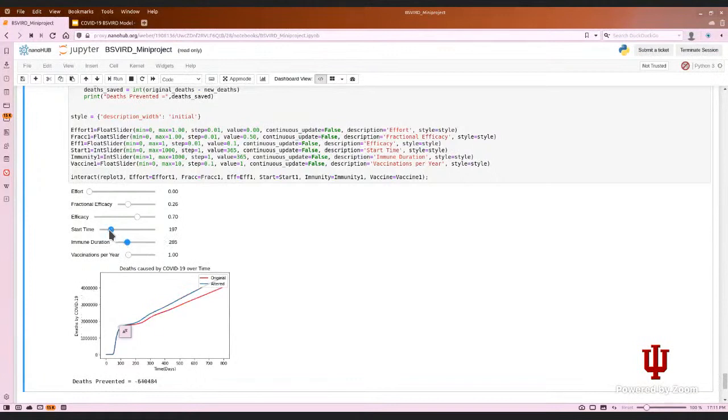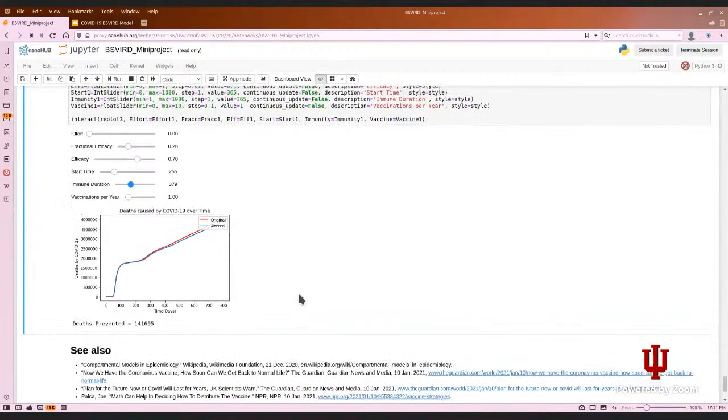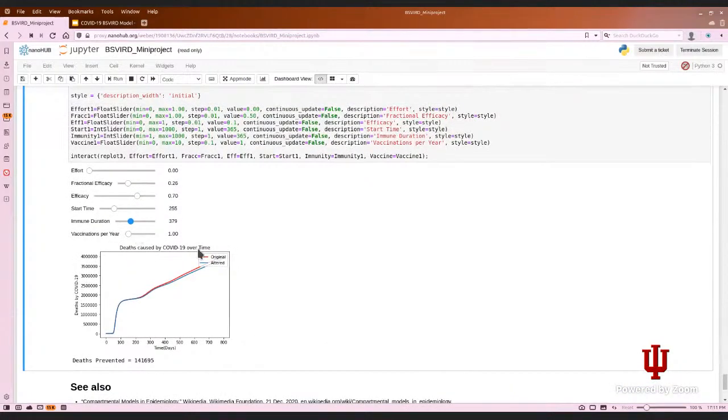Generally, the sooner you start vaccinating people, and the more that are vaccinated, obviously you get more deaths prevented. Although for some reason I've skewed these numbers so that it's going negative. I don't know what's going on there. But anyway, that's generally the model.